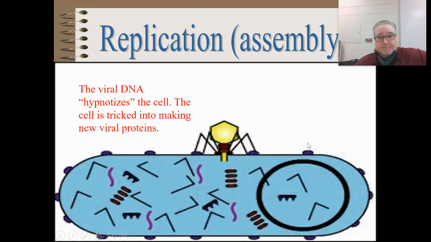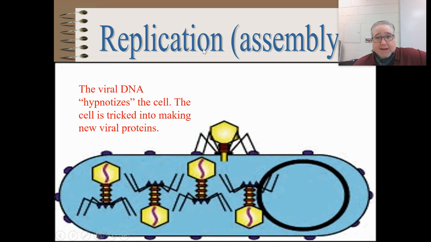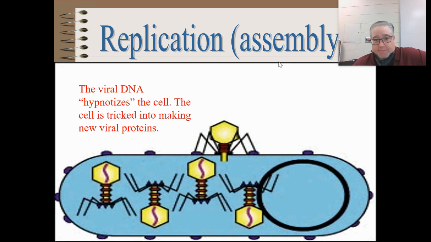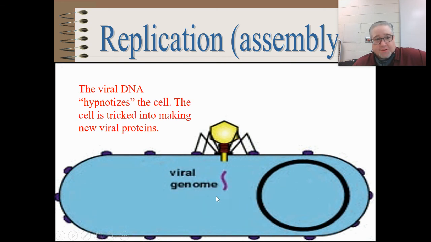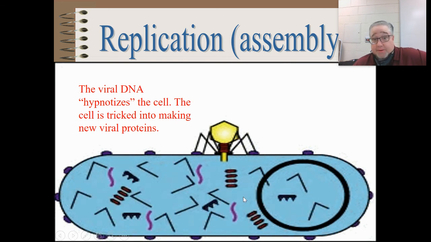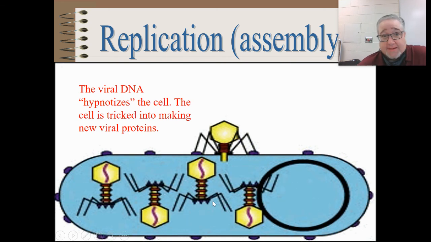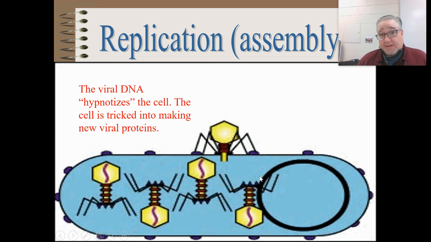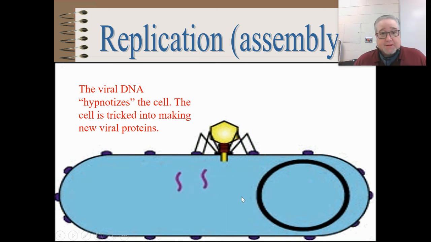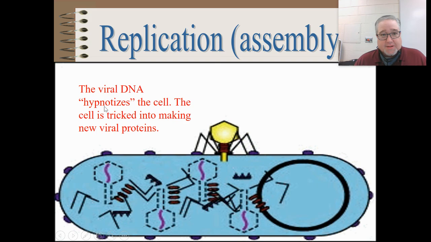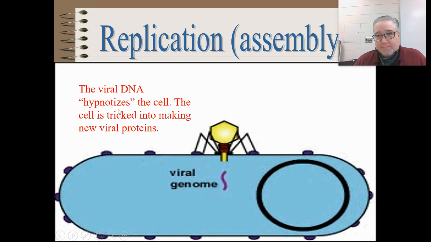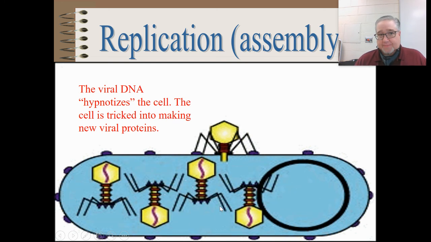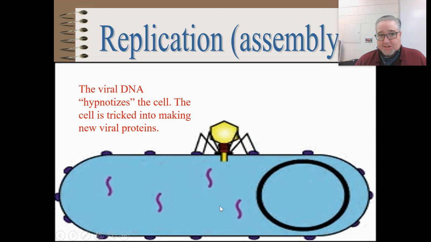Now take a look at this next step. This is called replication or assembly. Take a look at what's happening here. All these new viruses are being assembled. What's causing that to happen is the cell, in this case a bacteria. I use a kind of clumsy word, but I think it helps us understand: the viral DNA hypnotizes the cell.